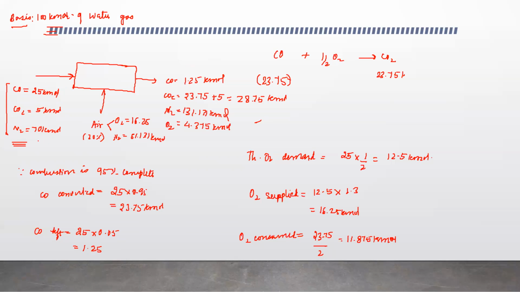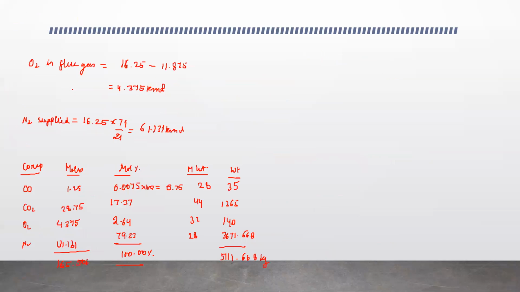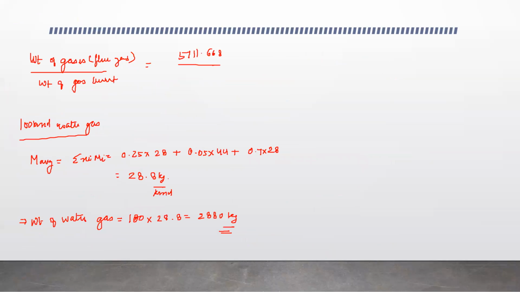Adding them, we would have got the total weight. So instead of getting the average molecular weight and multiplying it by the moles of water gas, this is an alternative method. You would have got the same thing, of course.